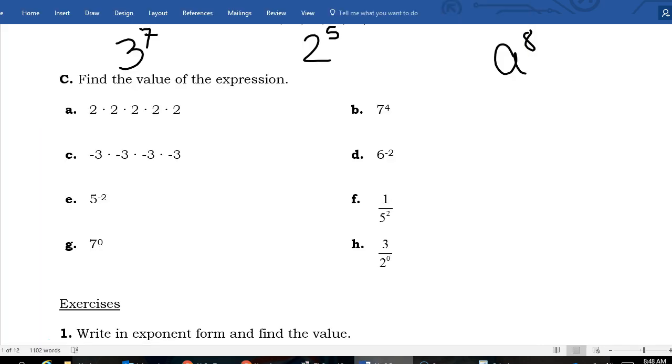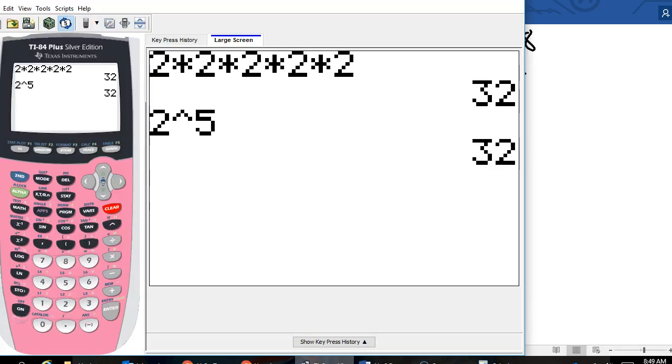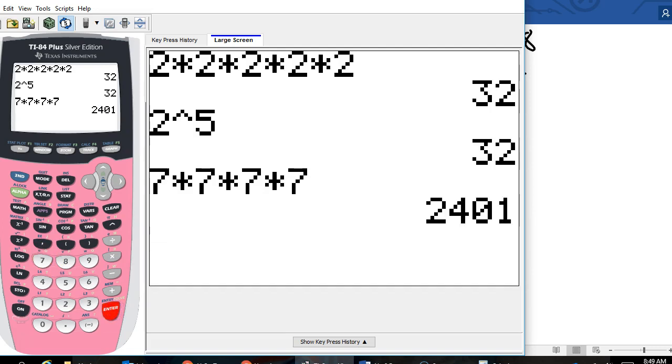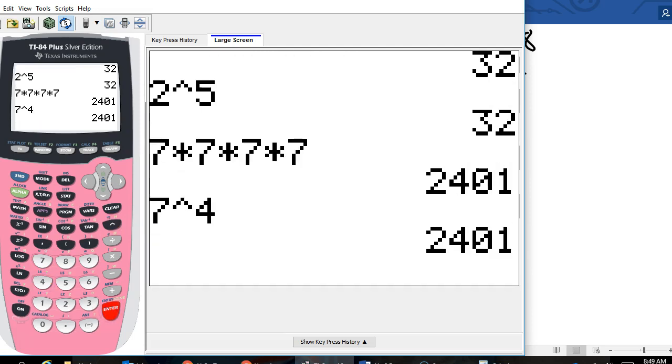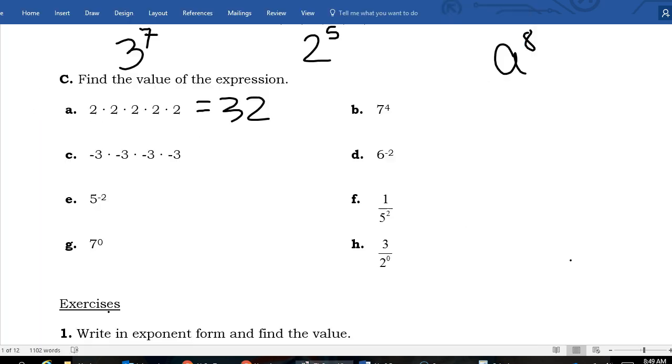But this one here would be 32. 7 to the power of 4. Again, I have a couple options. I can go 7 times 7 times 7 times 7. And if your calculator doesn't have a power button, that's your only option. Or I can go 7 to the power of 4, and I get the same answer, 2,401.